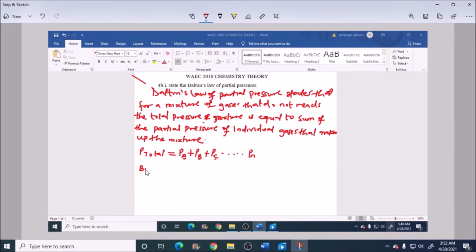But when the gas is collected over water vapor, the gas is likely to saturate with water vapor.